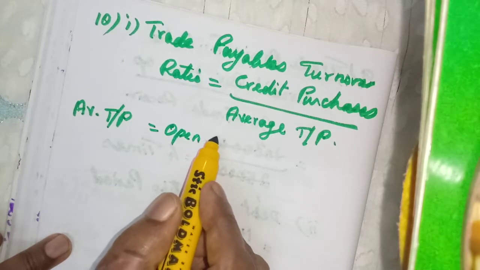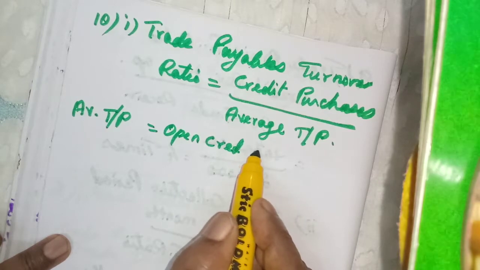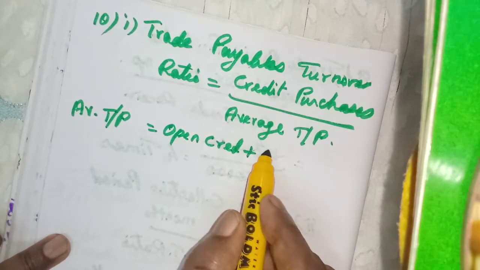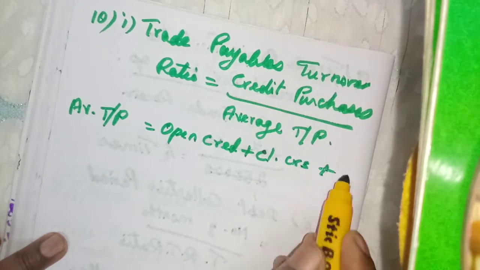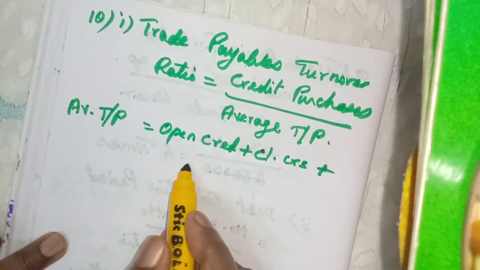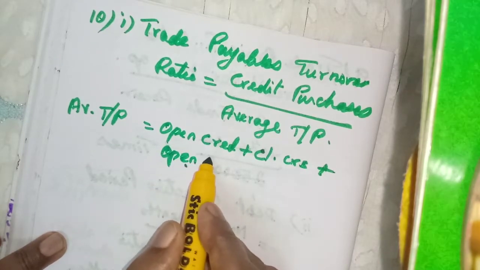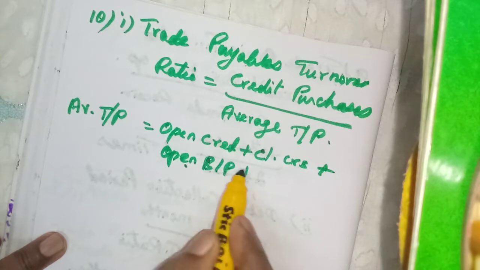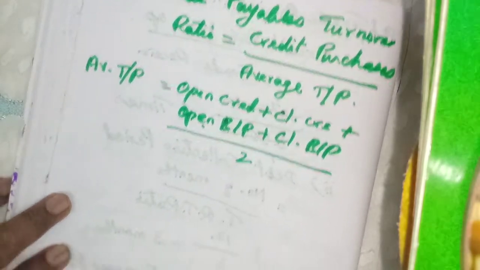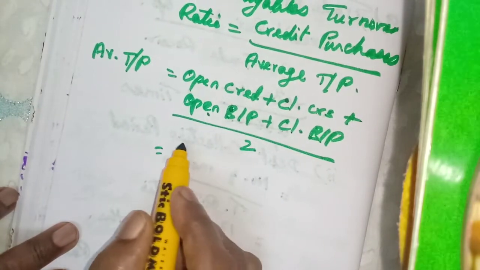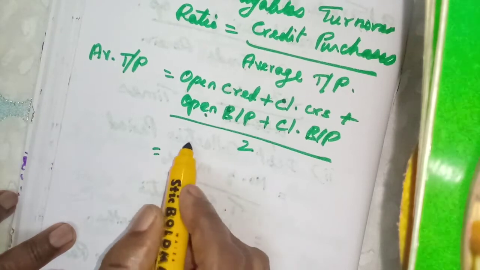opening creditors plus closing creditors plus opening bills payable plus closing bills payable divided by 2. So opening creditors how much? Creditors 60,000.